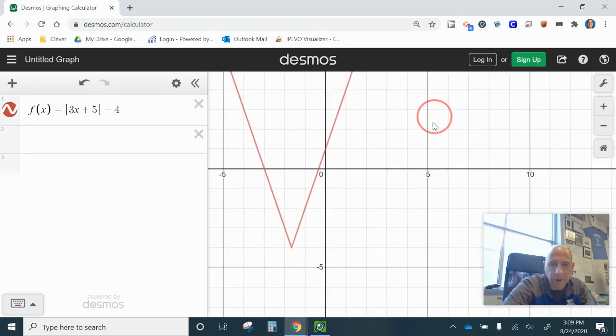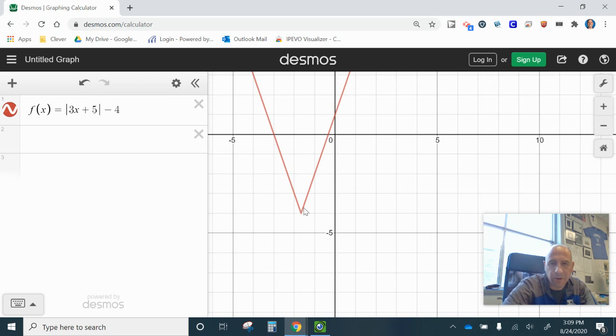First off, let's make sure that, hold on. All right. Let's see something. 3x plus 5 minus 4. Now, you'll notice that this made getting the vertex more complicated.